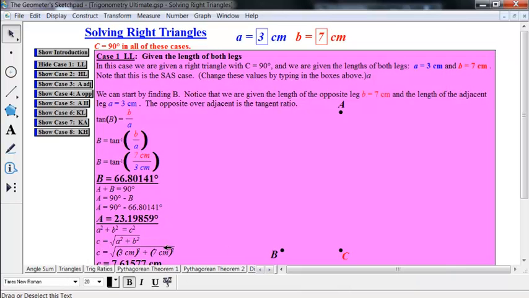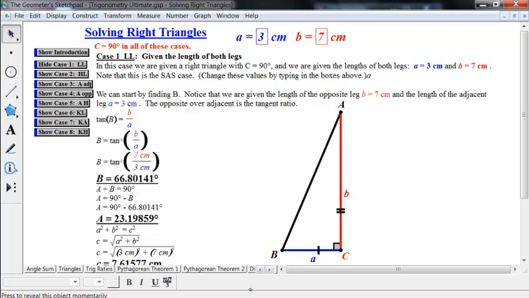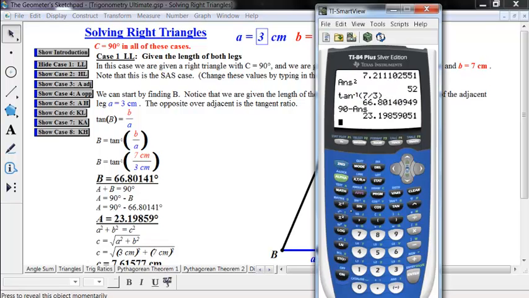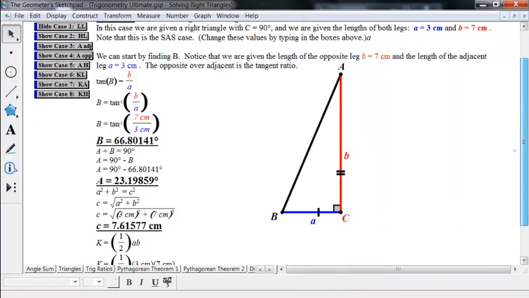And then to find C, use the Pythagorean theorem. C is the square root of A squared plus B squared. And so that would be the square root of 3 squared plus 7 squared. And that's approximately 7.616, which is what's given here.